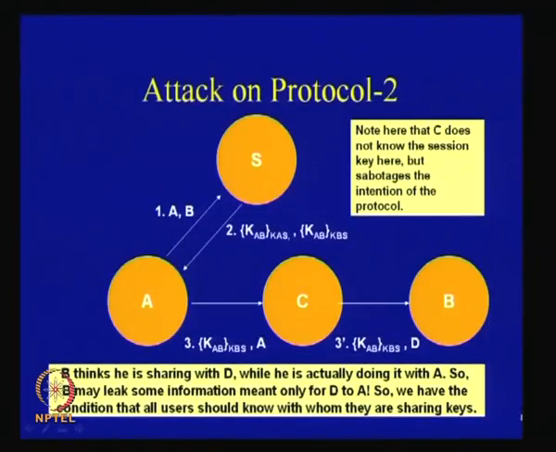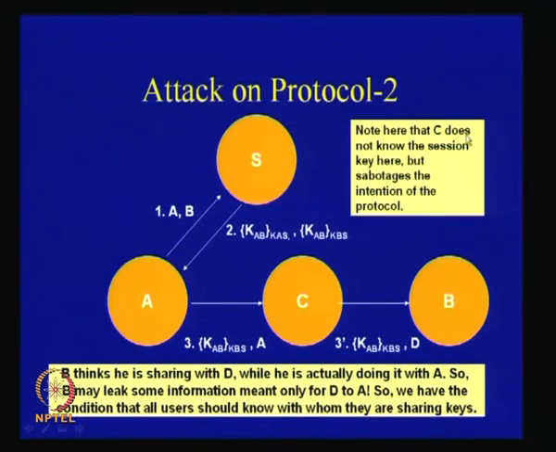The problem is that B thinks that it is communicating with D, and therefore B may leak some information which is meant only for D to A, right. Because it thinks that it is using KAB for communicating with D, it can end up leaking that information to the user A. So, you see that this is an example where C, the adversary, does not necessarily know the session key at the end, but it has definitely sabotaged the intention of the protocol, right.